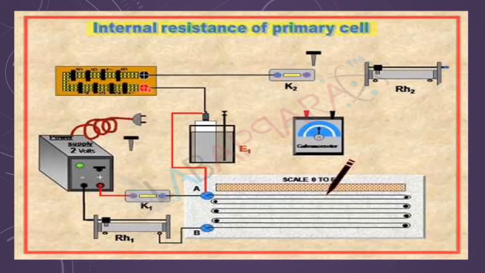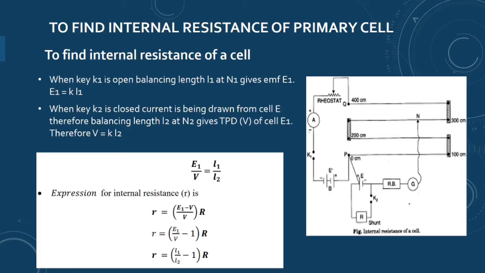One is the higher resistance box to connect in the smaller circuit, and the other is the resistance box to protect the galvanometer. So the high resistance box is always connected with the galvanometer, while the small resistance box is always connected here with the cell. The primary cell, here we are taking a Leclanche cell, whose internal resistance I am willing to find.